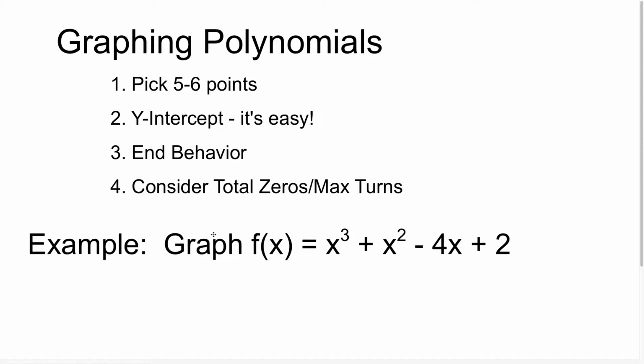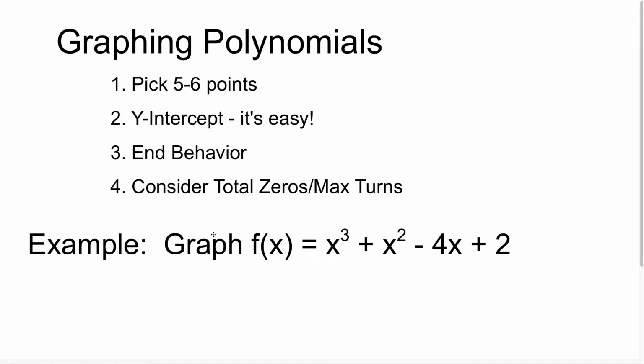But for right now, you're going to be graphing using ordered pairs, like a table of values. I say 5 to 6 points should probably be enough for you. If you're still really confused, you can pick more points. Okay. You might want a calculator for this part.